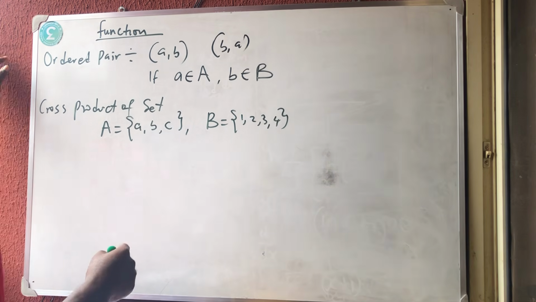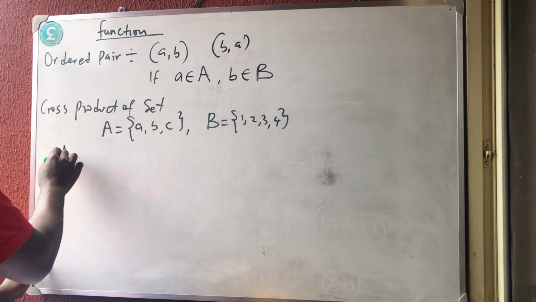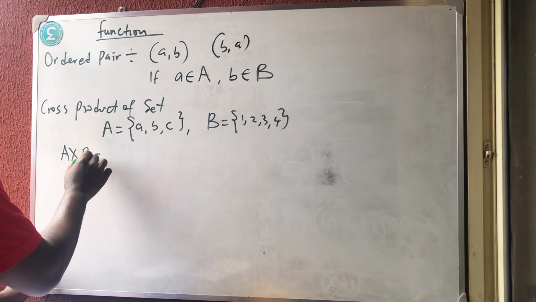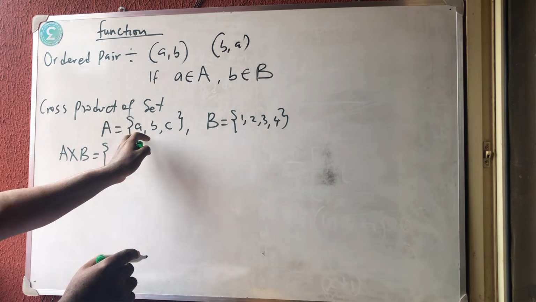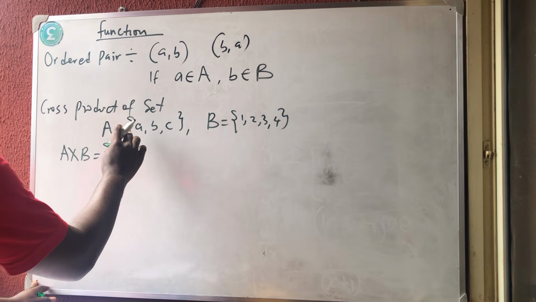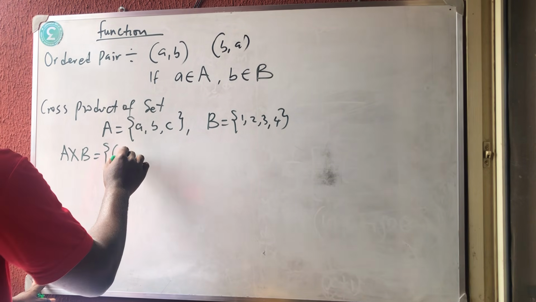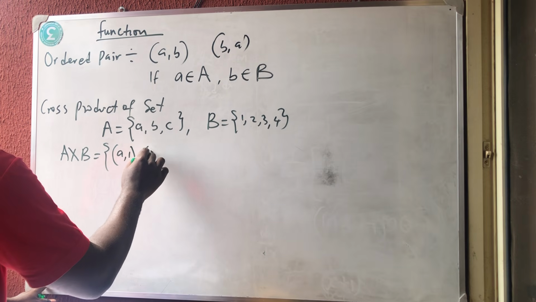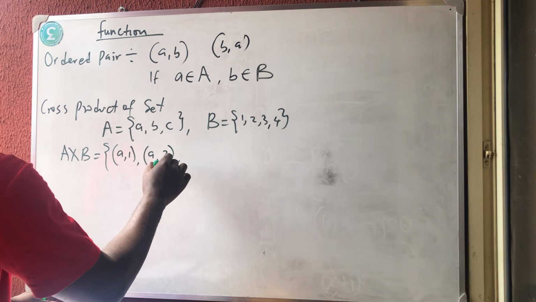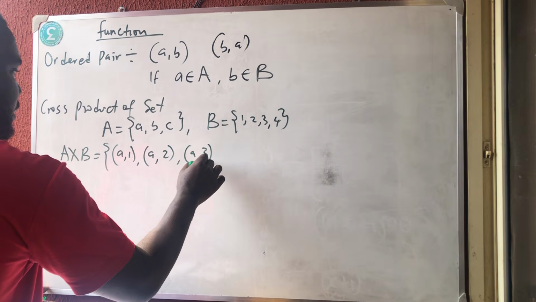Now they say you should find A cross B. A cross B is a set of ordered pairs of these two sets. So the first element I'm taking from A, then I combine it with 1. The same A combined with 2. The same A combined with 3.